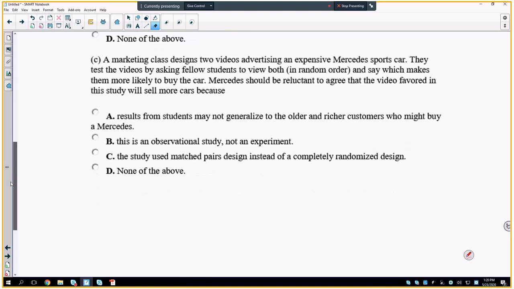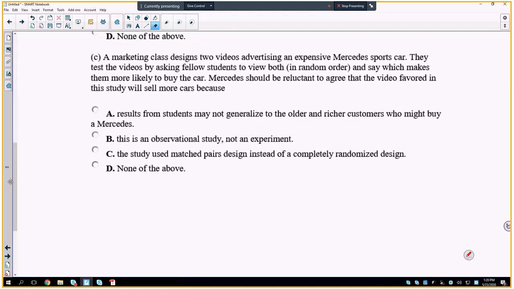What about a marketing class designs 2 videos advertising an expensive Mercedes sports car? They test the videos by asking fellow students to view both in random order and say which makes them more likely to buy the car. The question says, Mercedes should be reluctant to agree that the video favored in this study will sell more cars.